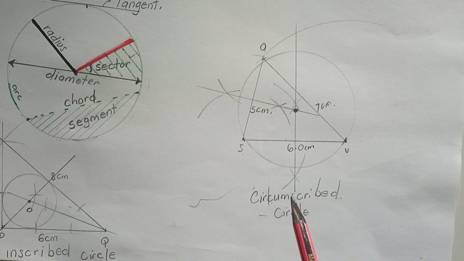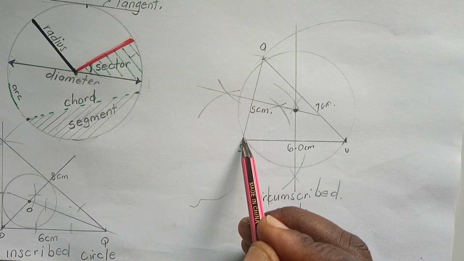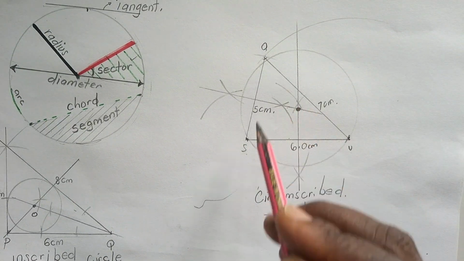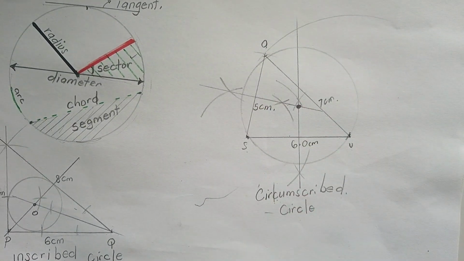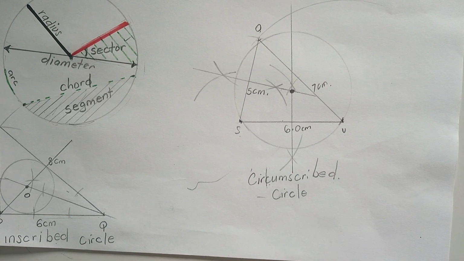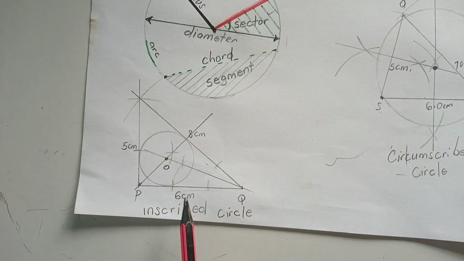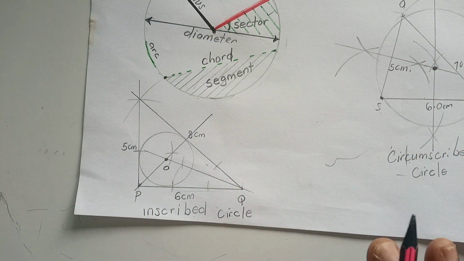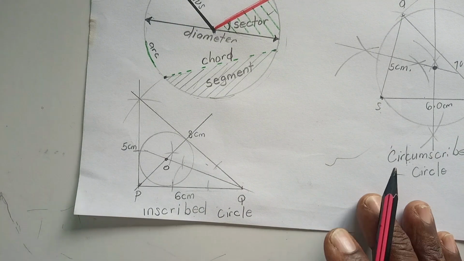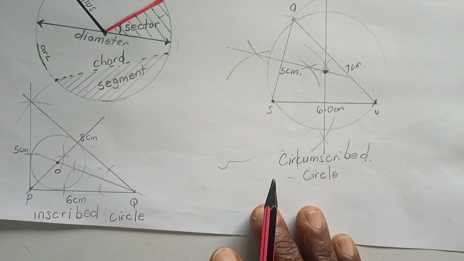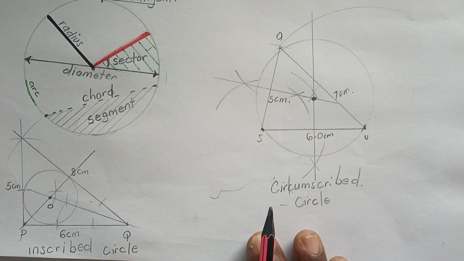So the circumference of our circle is touching at this point, that point, and that other point. So that is how we normally construct the circumscribed circle and the inscribed circle. Remember the procedure so that you are able to draw accurate diagrams.